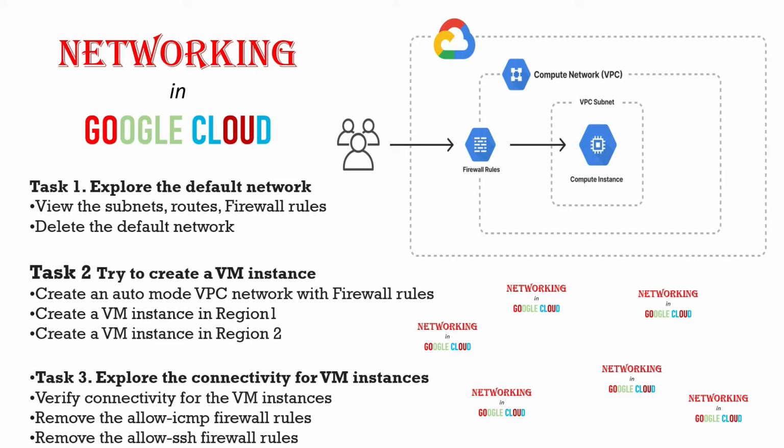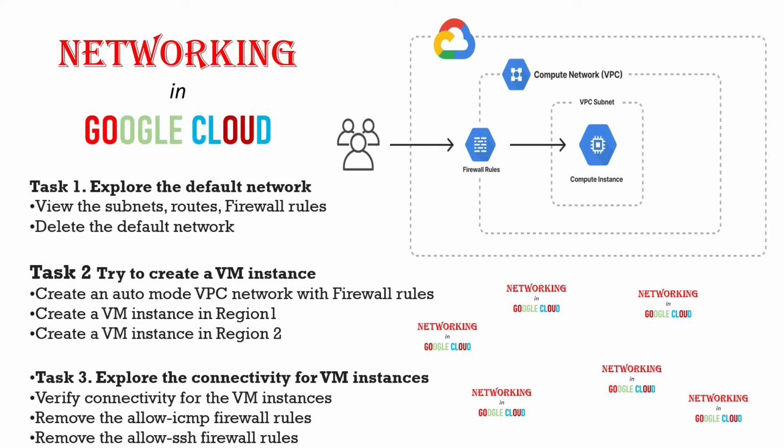Then we will also delete this default network to see the impact: is it possible to create or provision any virtual machine or any of the resources without this default network? We will check this here, and then we will also try to create two VM instances in different regions, and try to make a connection between the two using SSH.